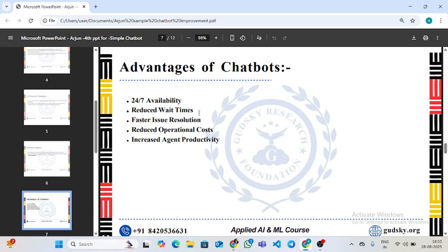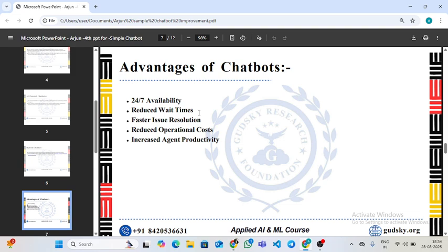The first advantage is 24 by 7 availability, meaning it is always present to deal with or solve the queries of any customer. Reduced wait time: when you call somebody with your queries, you wait till he receives your call, but there is no such problem here. It is always present and responds to your queries within nanoseconds.